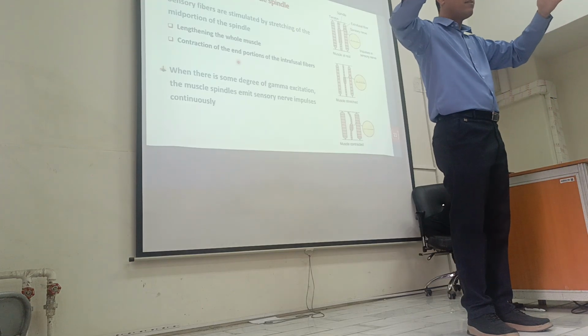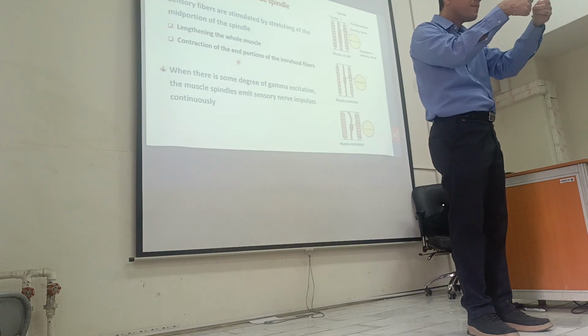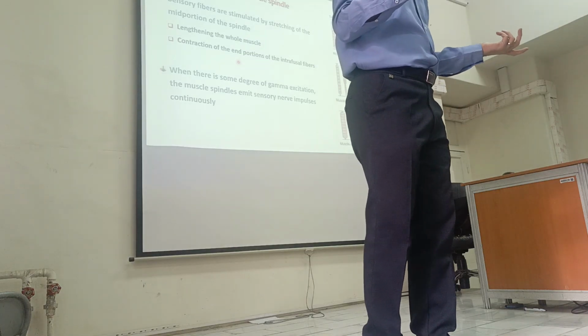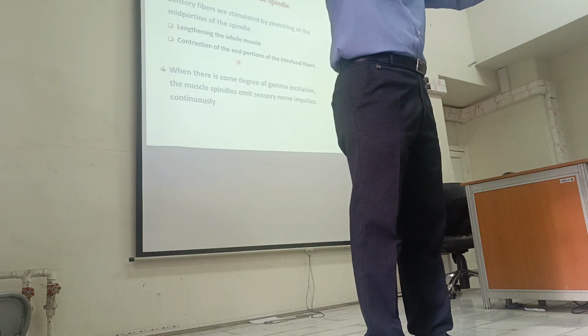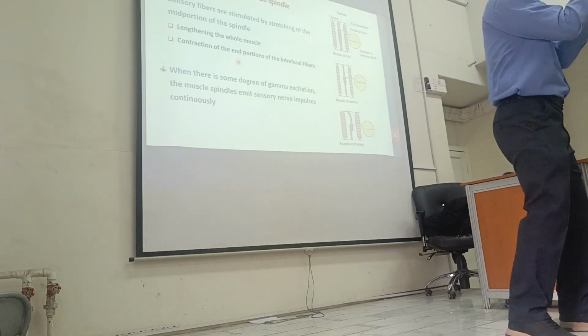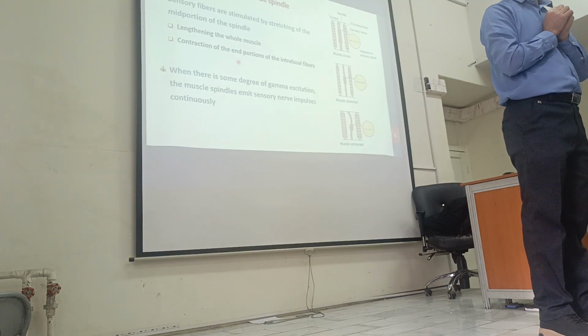Extrafusal fibers remain constant, intrafusal fibers are stretched. So we have two ways for activation of a spindle. The first one, which is simple, is to stretch the whole muscle. The second way is to only activate gamma neurons to stretch the middle part of the spindles.